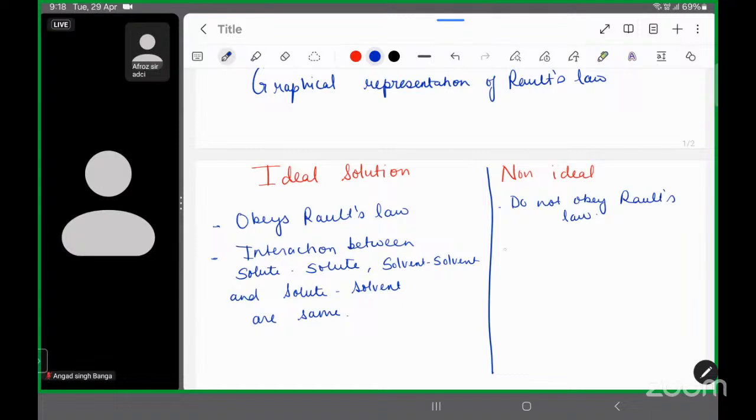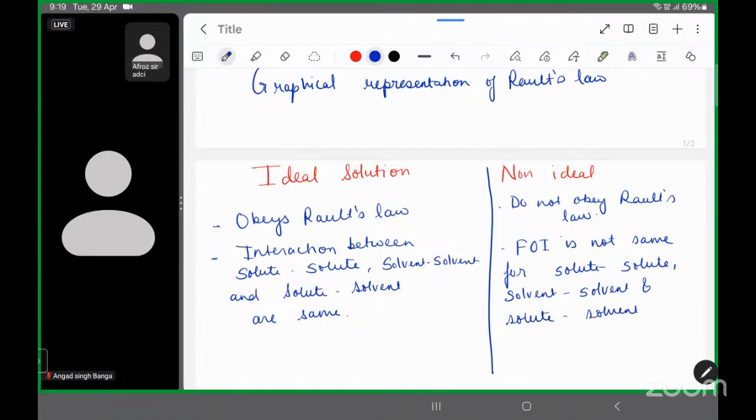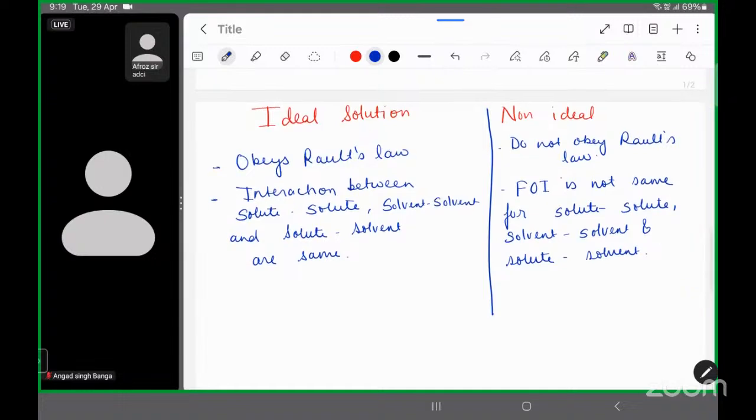Okay, and here the force of interaction, FOA. FOA is the force of attraction, or you can say force of interaction, FOI. Whatever is not the same for solute and solvent, here the interaction of force is not the same.